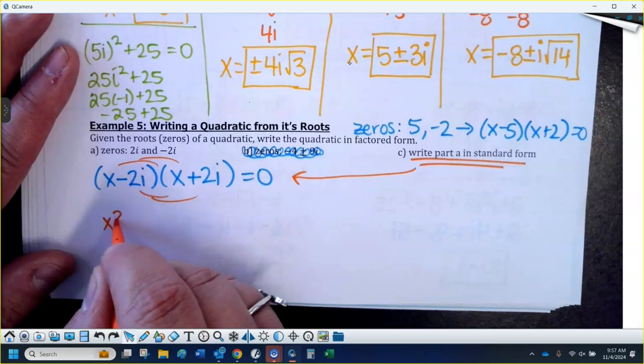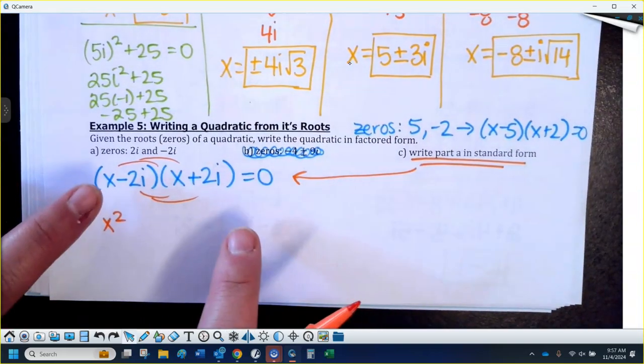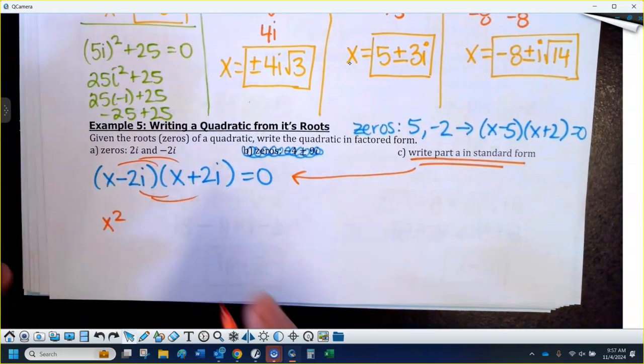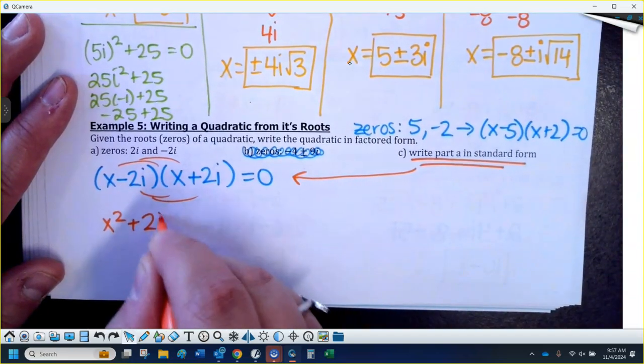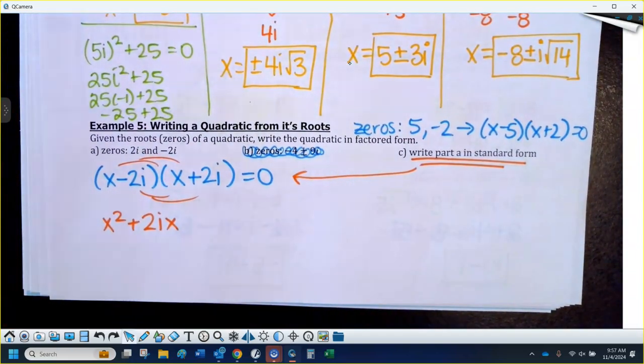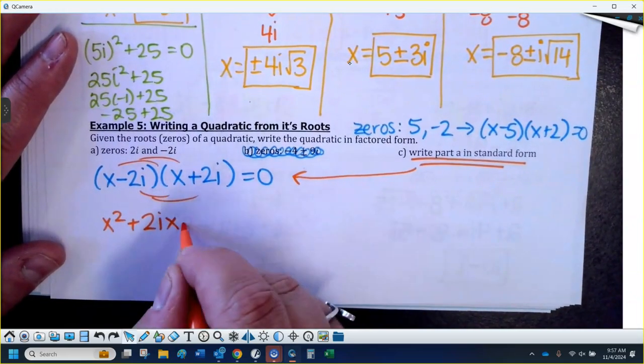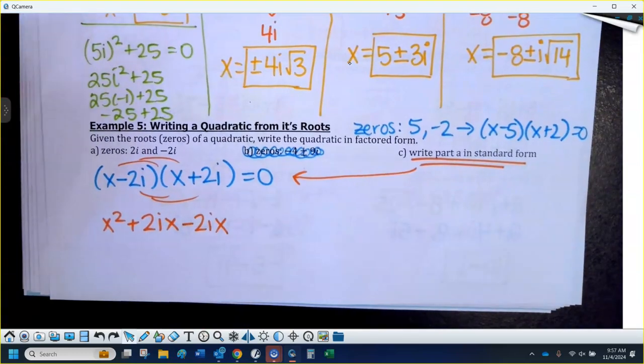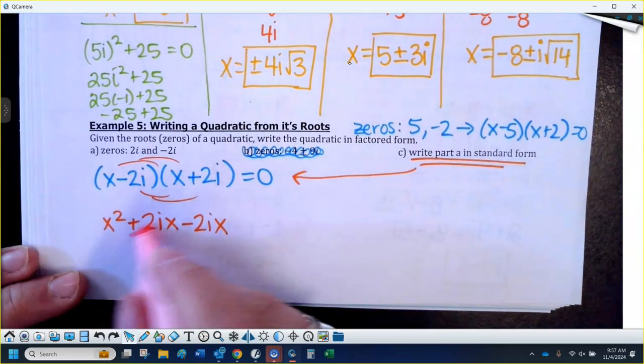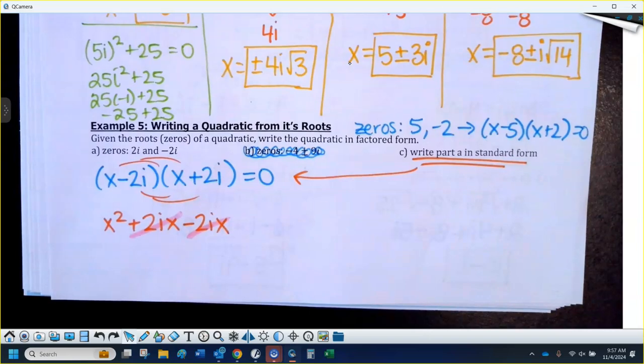So we would get x squared. Now this is weird. If you do x times 2i, you would just write it as 2ix. Just write the letters in alphabetical order if you have more than one letter in the same term. Now, the imaginary parts will all cancel out here. You won't see an imaginary value in this answer, but if I do negative 2i times that x, I turn around and get negative 2ix, and then these two terms will cancel each other out and go away.